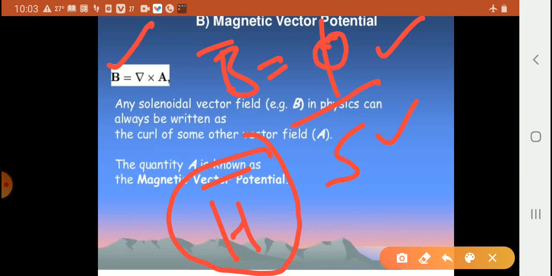The magnetic flux density is defined as the total flux passing per unit area through a plane at right angle to the flux. The unit of magnetic flux density is Weber per meter square.